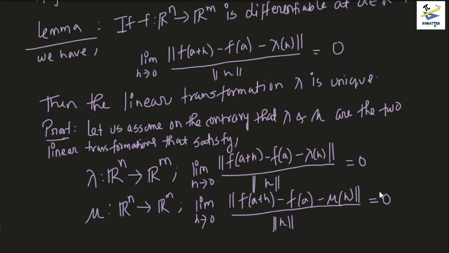One way is to consider an arbitrary argument x and show that lambda of x equals mu of x. To do that, we first need to understand how to use these two limits, because those are literally the only thing given, apart from the fact that lambda and mu are linear transformations, or basically linear functions. So let us proceed on that.